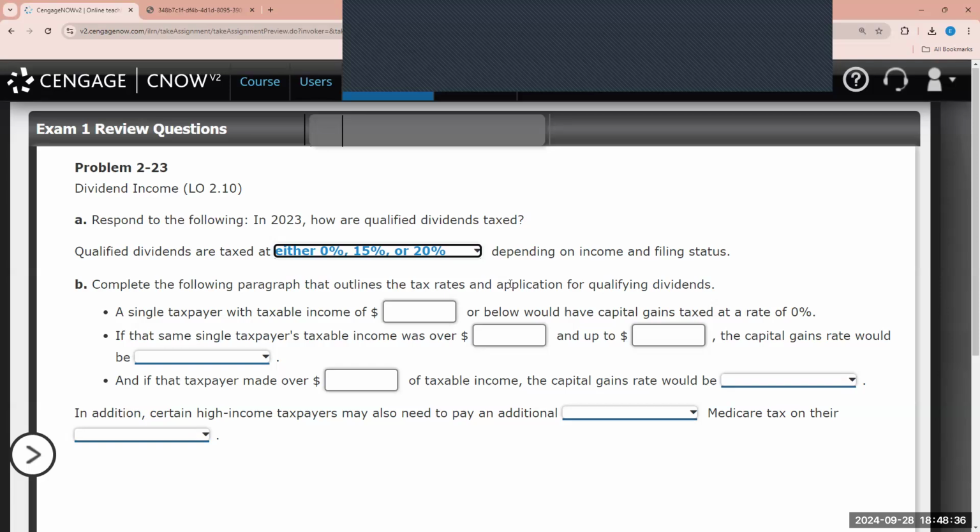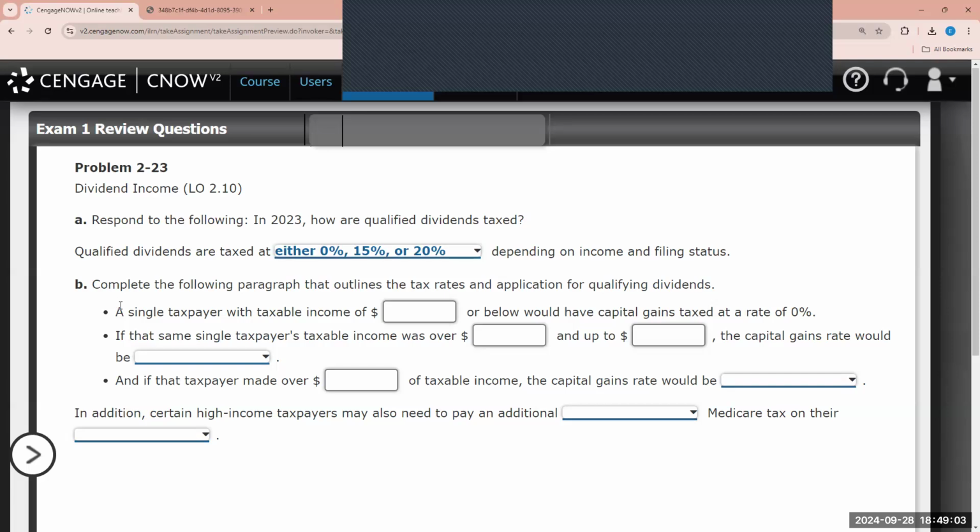So one of the challenges is that there's double taxation for a corporation. So in order to provide some relief for individual taxpayers who receive these corporate dividends, the tax rates on qualifying dividends are the same as long-term capital gains, which are, again, preferential, and they're lower than the rates for ordinary income, and it's 0%, 15%, or 20%.